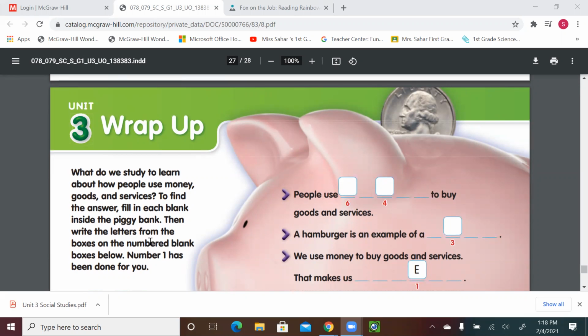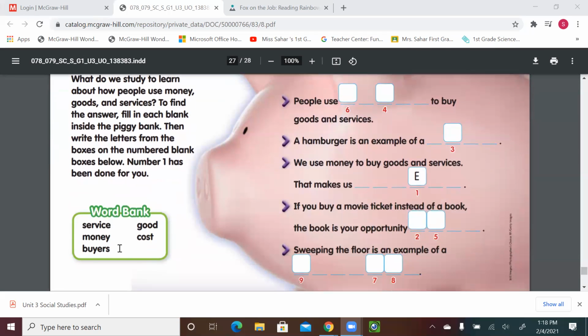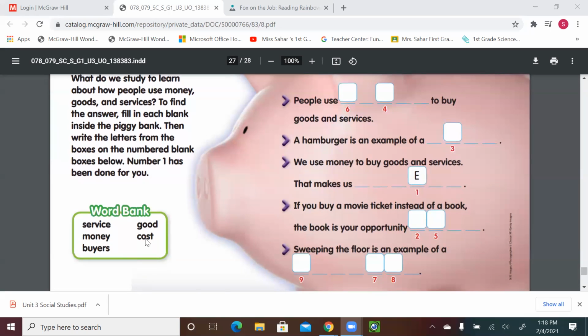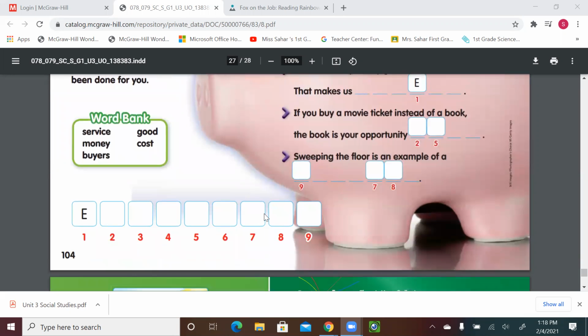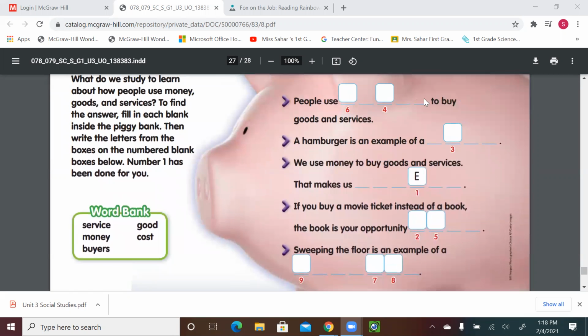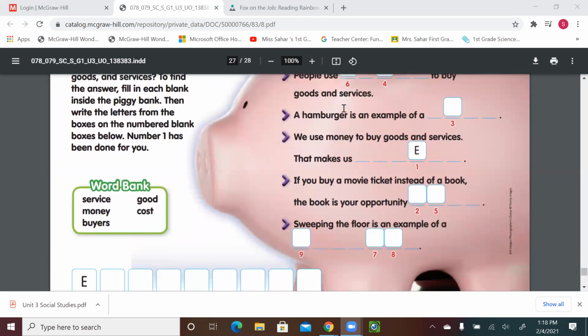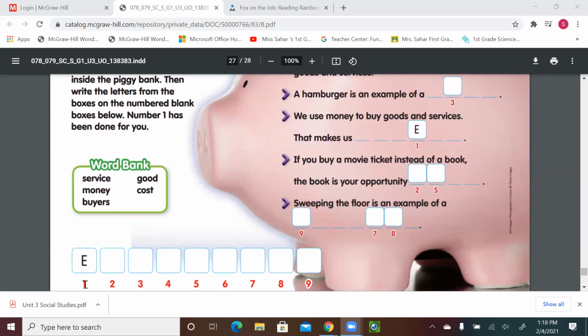All right. Over here, we have the bank, the box with 5 words, and we'll be using these 5 words to fill the gaps. I'm going to do it orally, I'm not going to write it, but you're going to write it. Then this part I'm going to let you do on your own. When we write the words here, we're going to look for the numbers up there.